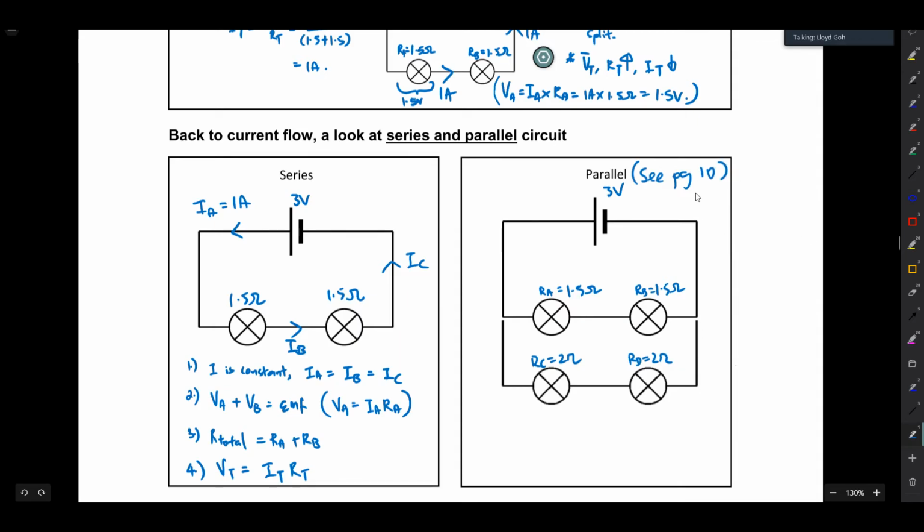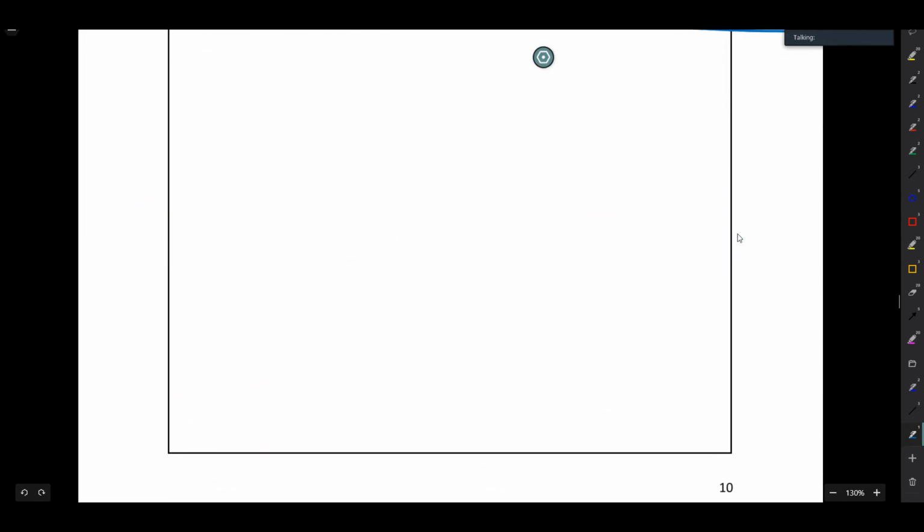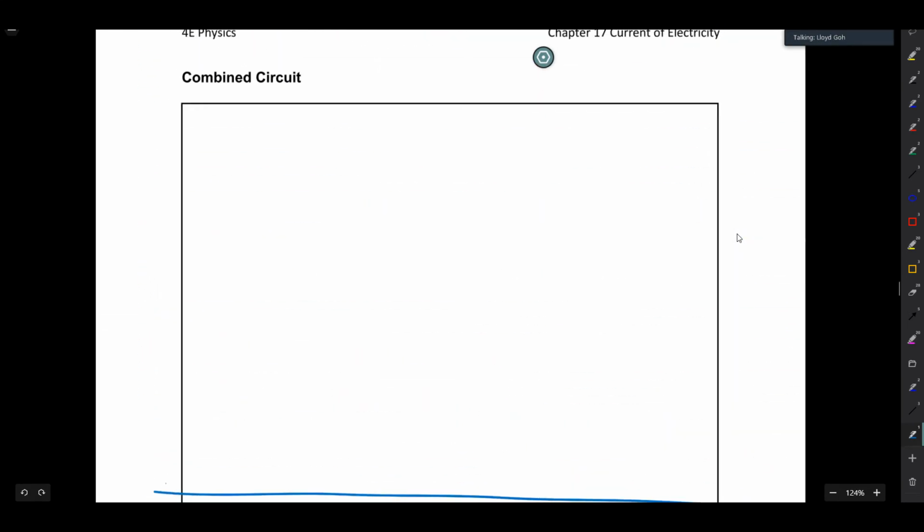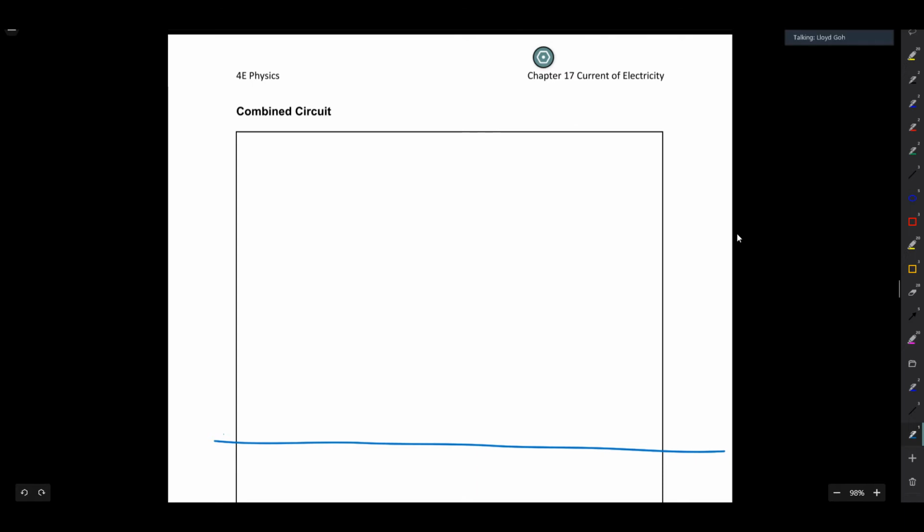Then over at page 10, I need you to make a section on parallel circuit. Just write a section on parallel circuit only, because that's actually a slightly more complicated circuit. That's a combined circuit, but over here I want to just go through parallel circuit.